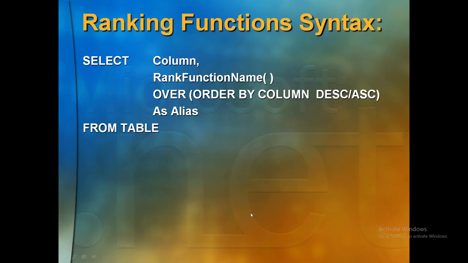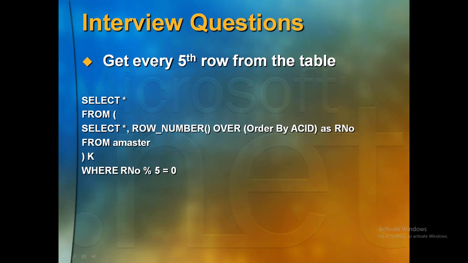One of the interviews, they asked this question. I wanted to get every fifth row from the table. They said not 1, 2, 3, 4, every fifth row. Then you need to say row number percentile 5 is equal to 0. So this will give you every fifth row from the table.